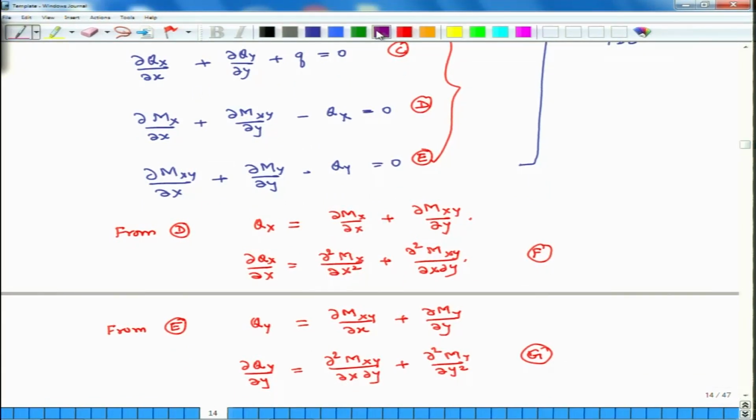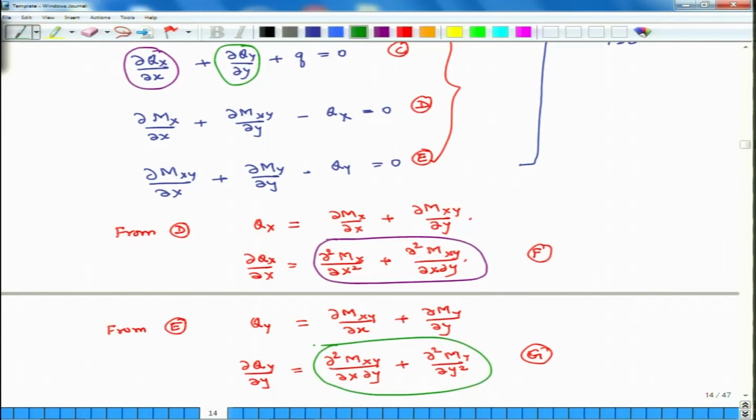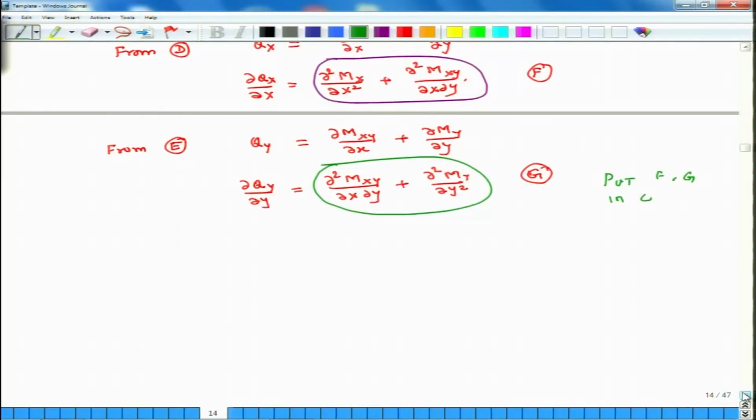So, we see that this is del qx over del x, which is the same as this, and in equation C the second term is the partial derivative of qy with respect to y, and that is there in equation G. So, we put F and G in C, and finally what we get is del 2 mx over del x square plus twice del 2 mxy over del x del y plus del 2 my over del y square plus q equals 0.